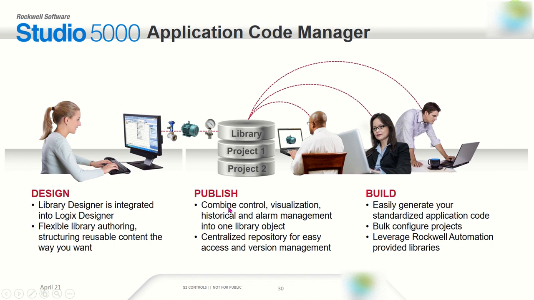That publishing combines control, visualization, historical, and alarm management into one library object, a centralized repository for easy access and version management. Then build easily, generate your standardized application code, bulk configuration projects. Then leverage Rockwell Automation provided libraries.